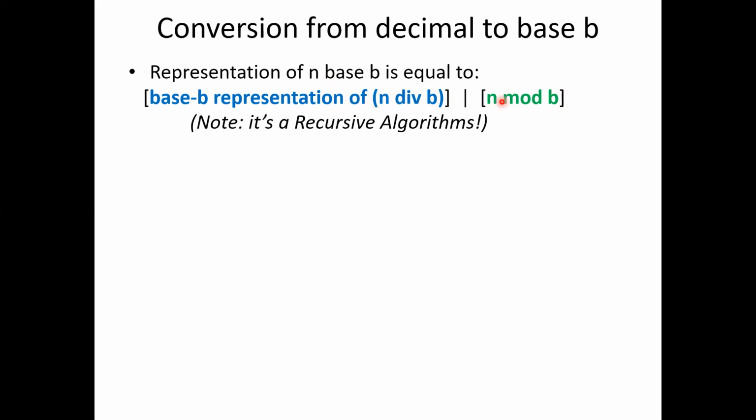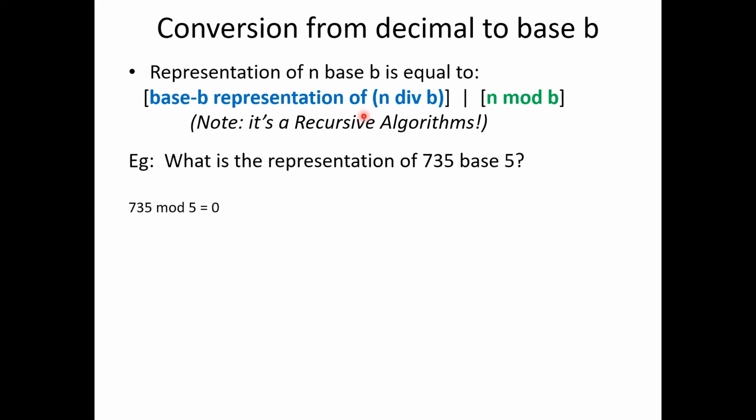We look at that mod B, and the next n is that div B, and so on until the base case: you have a number smaller than B. Then the quotient is 0 and you're done, because if n is smaller than B, then n mod B is simply n, so that's the last digit.